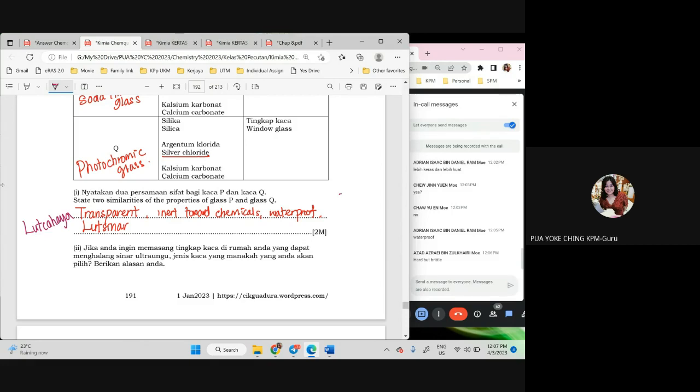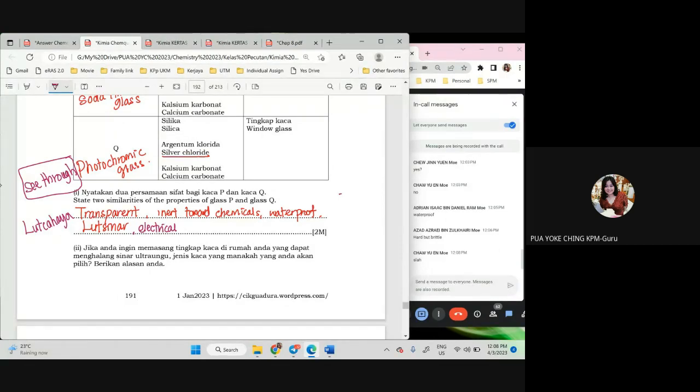Okay, transparent. Ada some students mereka tak tahu macam mana nak tulis transparent. Dia tulis see-through. See-through? Betul tak? Salah, see-through tak boleh. Kalau boleh clear pun jangan.